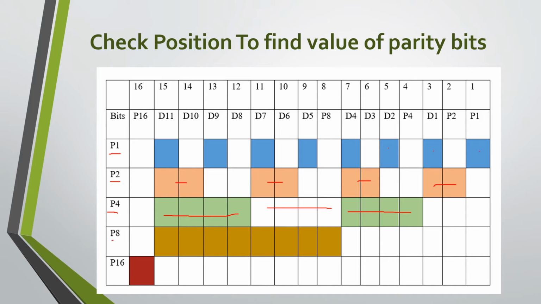For P8, the same: from position 8 check consecutive 8 bits, then ignore consecutive 8 bits and again check the next 8 bits. This process will be continued. Same way for P16, from P16 to position 31 will be checked and this will be followed. So this is the same process that will be shown in the last table.